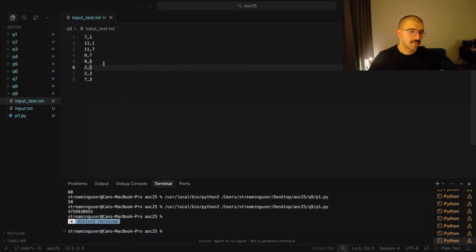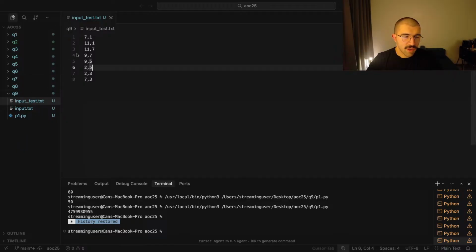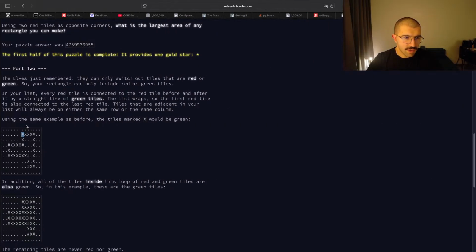So there is a kind of linked list structure that you can utilize, but not really as well. What were the positions that we chose, this one and this one, right? So let's assume this is 7,1 probably.